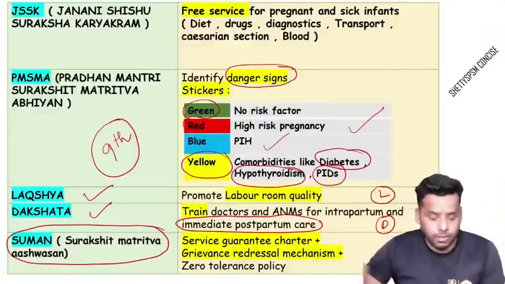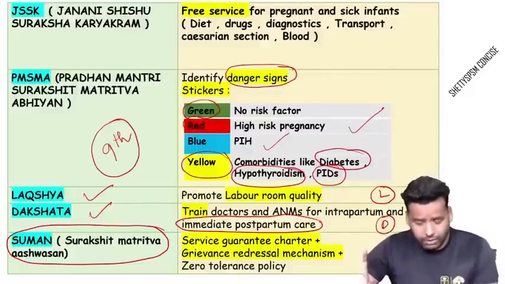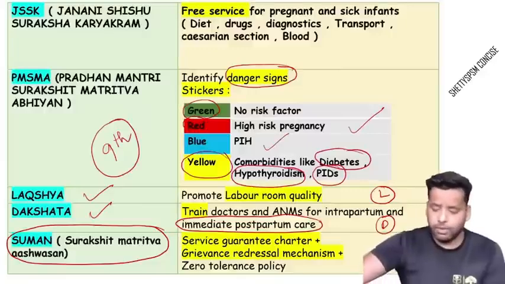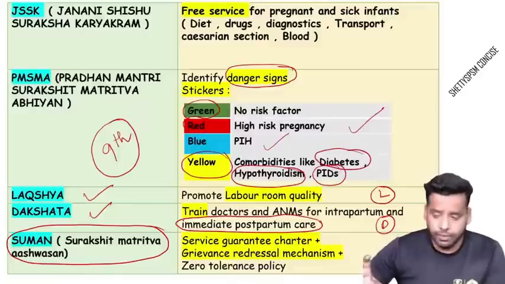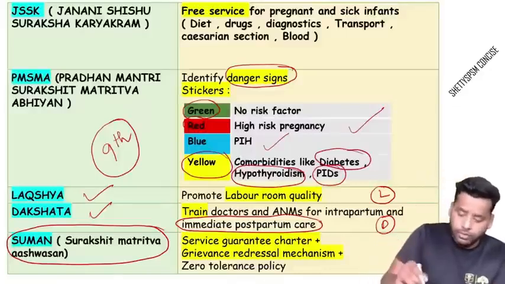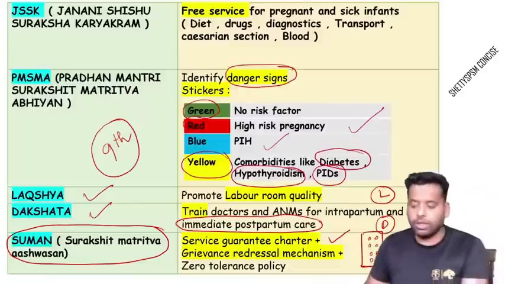Surakshit Matritva Ashvasan. Ashvasan means guarantee. Whatever the services supposed to be given for pregnant women and infants has to be given. Guarantee means first thing what we do is every hospital will display a chart. Notice board, service guarantee charter, like the menu in the hospital.